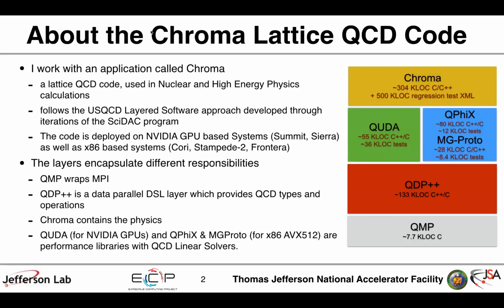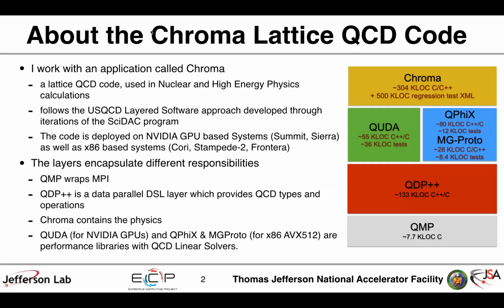So basically, I work with an application called Chroma, which is a Lattice QCD code, and it's used in nuclear and high-energy physics calculations. And when this code was developed, the collaboration I work in, the US QCD collaboration, developed a layered approach to software through various iterations of the SciDAC program. And I have a rough picture of this on the right-hand side.